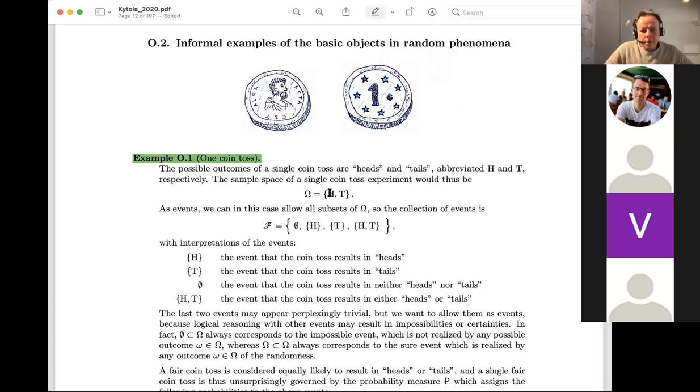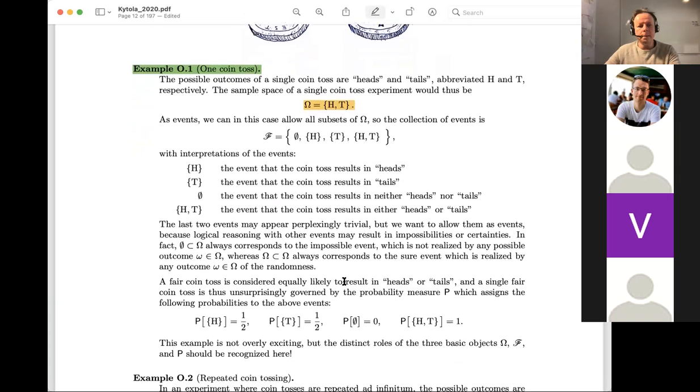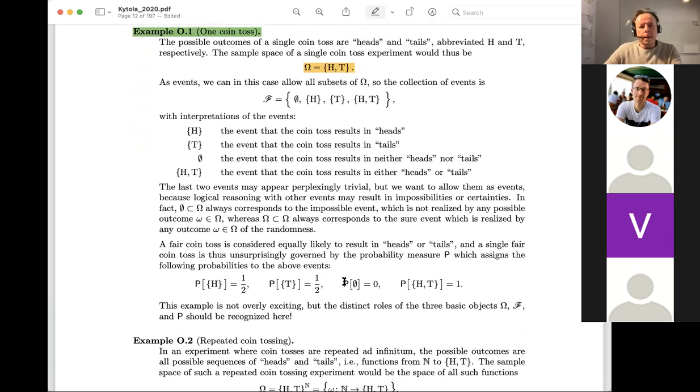This is very elementary, and you might wonder why we are doing this in the advanced course, but we want to do it to see how the really elementary things can be seen in the abstract framework. So in the abstract framework, we have heads or tails, so there are two possible outcomes. Then omega is a finite space of two elements in this way.